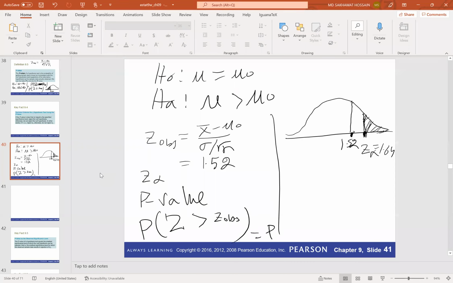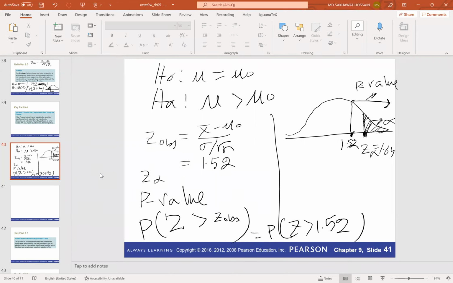That means probability of z greater than 1.52, right? So we are looking for the area of this part. This area is alpha, and this area is called the p-value, the probability for the test statistic.